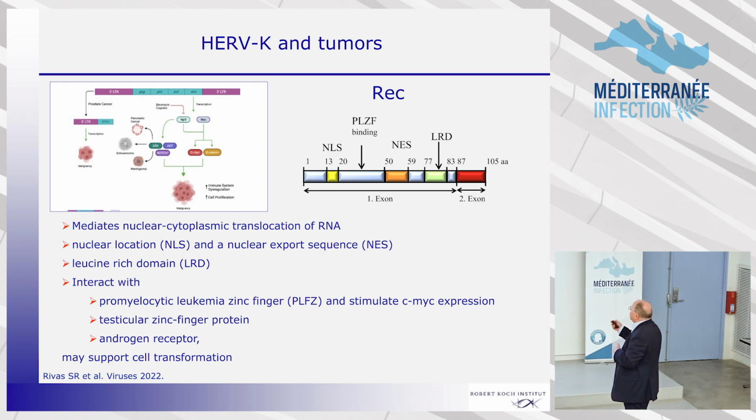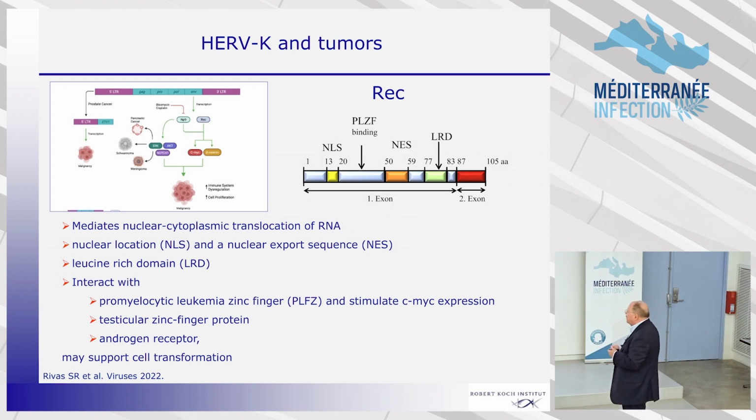Here again, the REC, which has several functional domains. It mediates the nuclear cytoplasmic translocation of the RNA. It has a nuclear location sequence and an export sequence and a leucine-rich domain, and it may interact with some sequences and proteins which may support cell transformation.